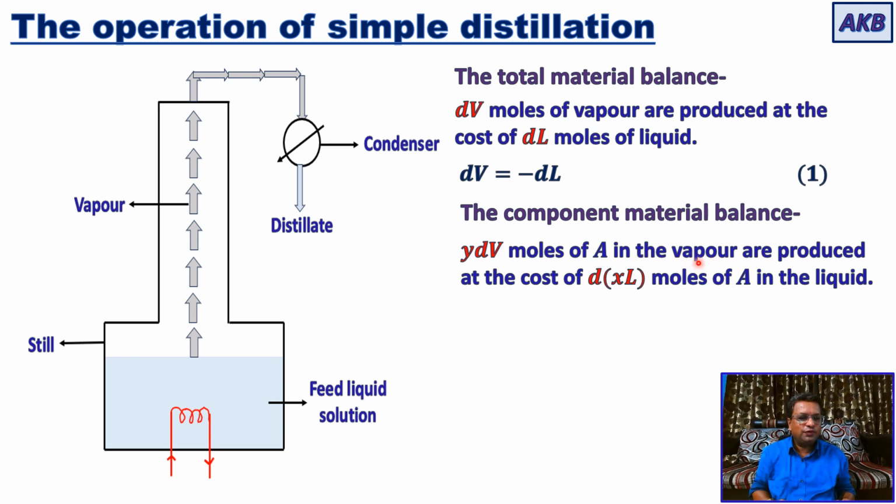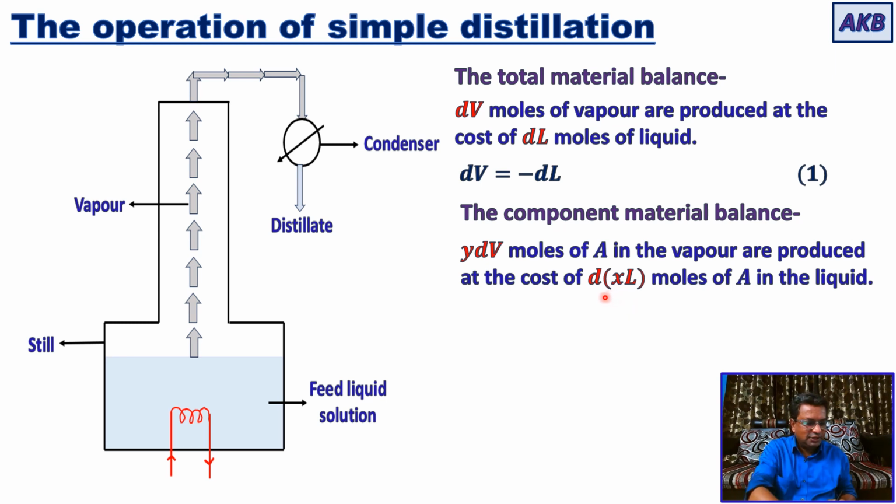And these moles of A in the vapor are produced at the cost of d(xL) moles of A in the liquid. A differential amount of A that is vaporized results in y into dV moles of A in the vapor phase.